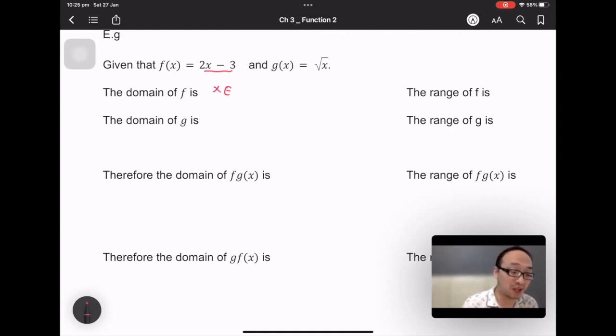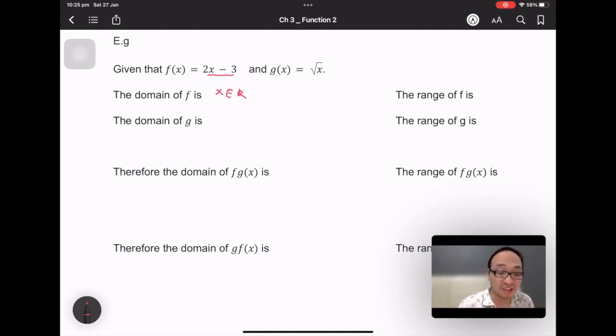So x is an element of the real numbers, from negative to positive infinity. Therefore, the range of f, we can put x values into the function f(x), and the range y is real numbers as well. Yeah, the same because this is a linear function.